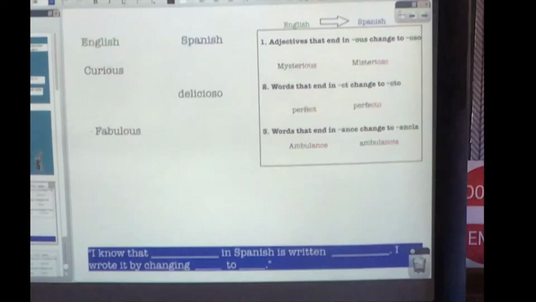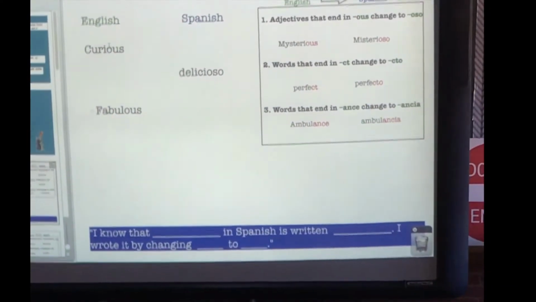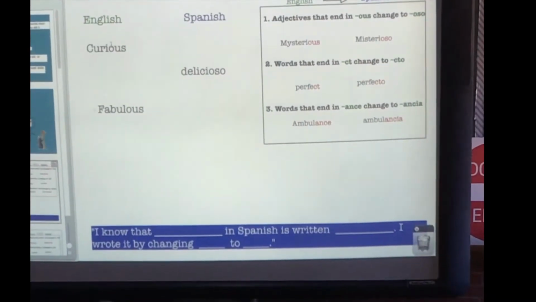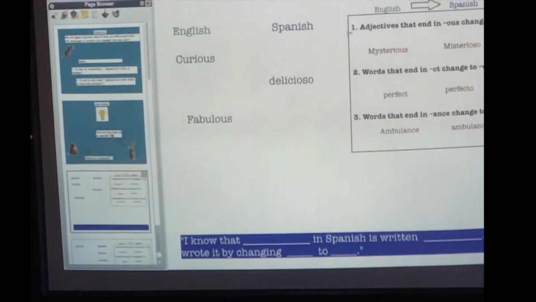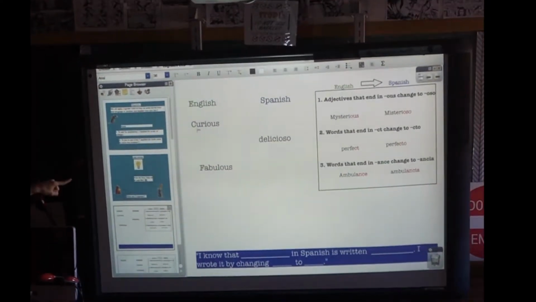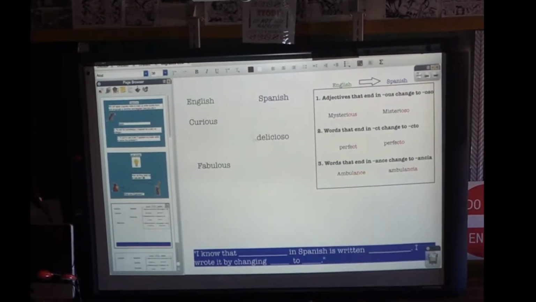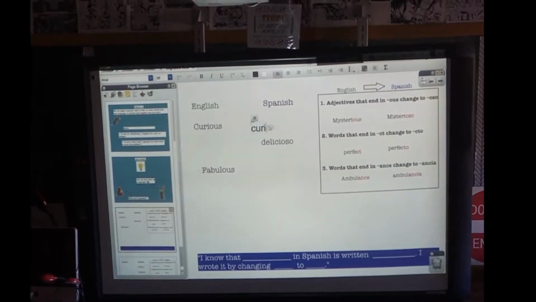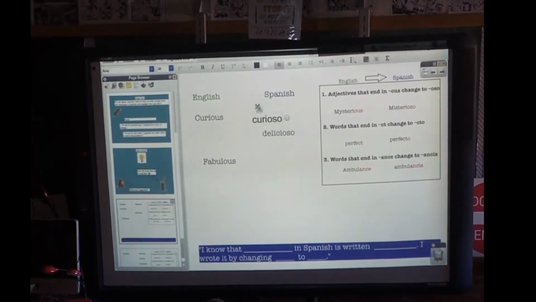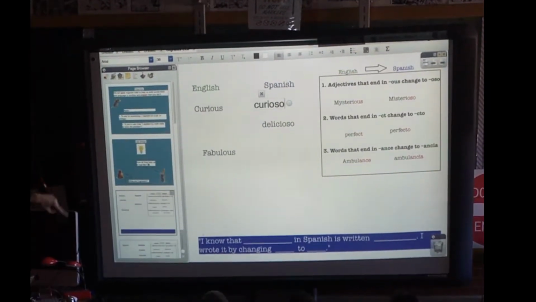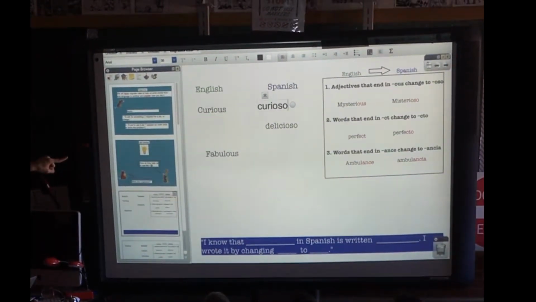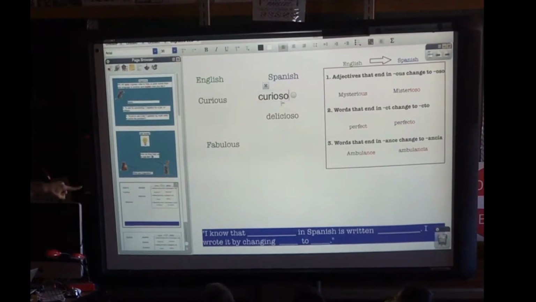So let's look here. I'm going to do the first one, curioso, and see how I'm going to do it. So see my example. Ready? So curious. Curioso. I know that curious in Spanish is written curioso. I know that I wrote it by changing the ous to oso.